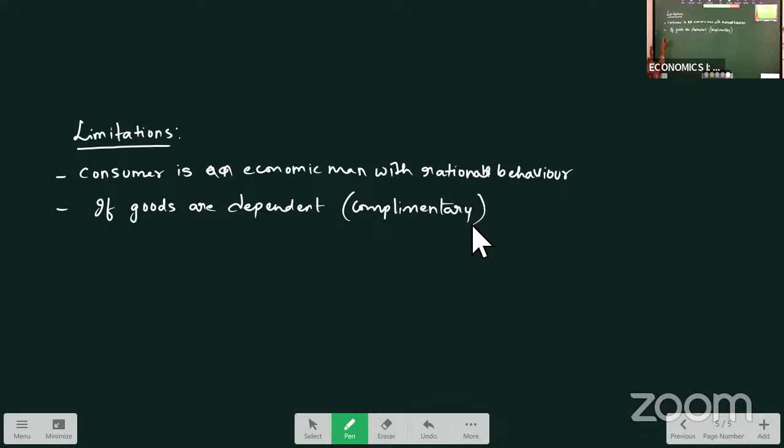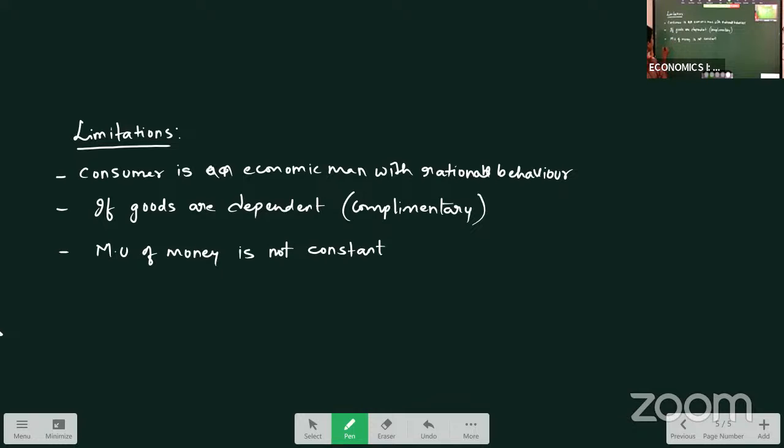And one more point, marginal utility of money is not constant. Why is it not constant? Because as we take more and more money, our satisfaction will never be constant. If I get more and more money, I will get more satisfaction, which is against my assumption of this law, right?